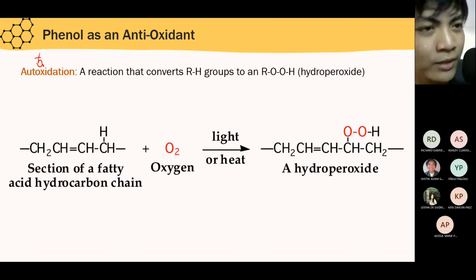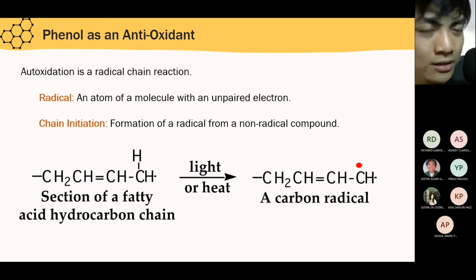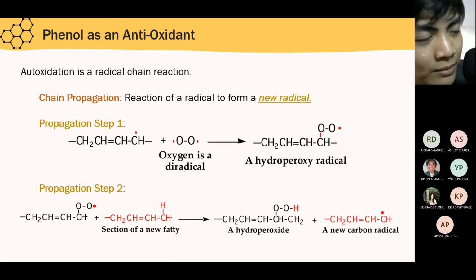They form hydroperoxides, and those hydroperoxides can degrade into radicals. Those radicals are very reactive. They go into many reactions, and as a result, they sometimes produce acids and aldehydes. The aldehydes are the smelly ones. The acid is the sour one. That's why when food spoils, it is sour and smelly, because there are aldehydes and carboxylic acids.